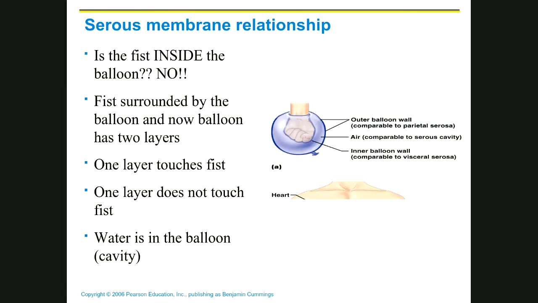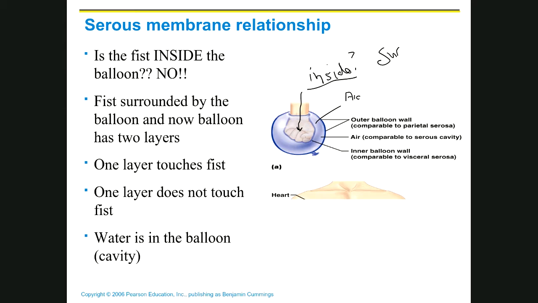But think about this. Is that fist actually inside the balloon? Is it? No. What's in the balloon? Air or water is in the balloon. But look, it's surrounded by the balloon.